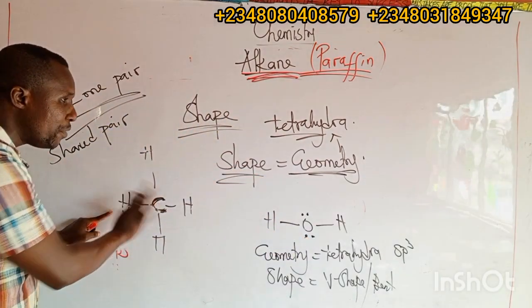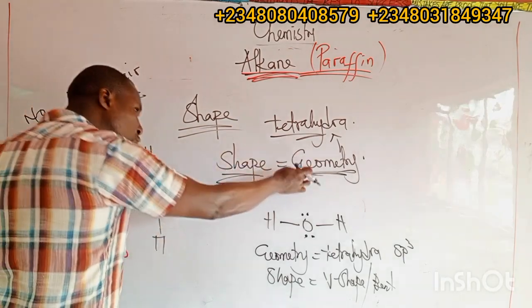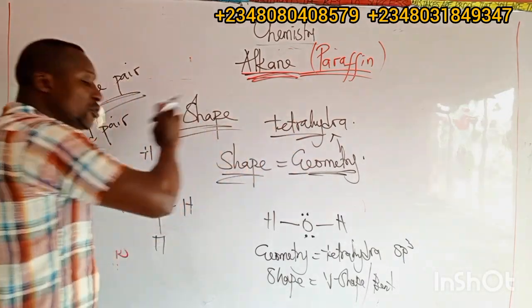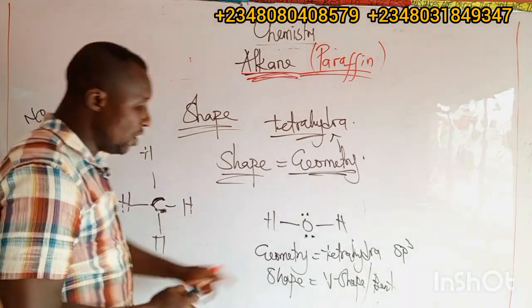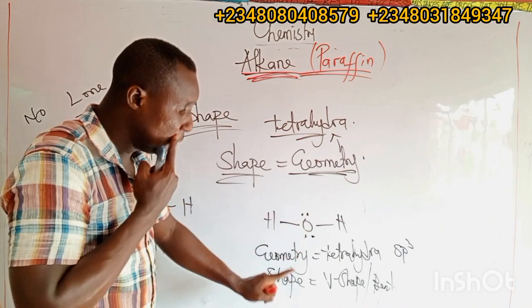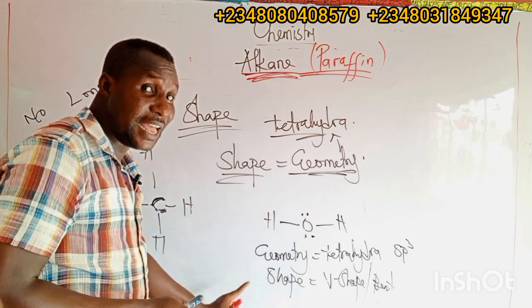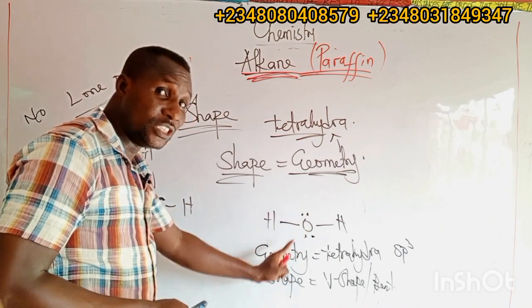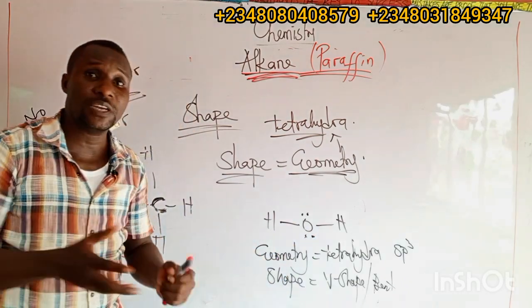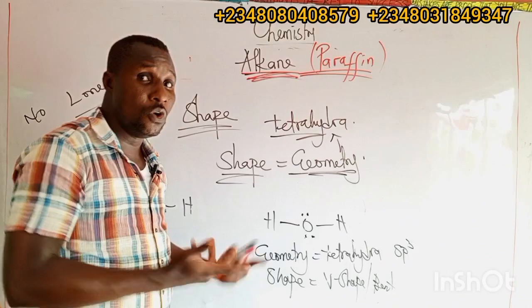It has no lone pair of electron. That's why the shape is the same thing as geometry. Geometry is tetrahedral. Therefore, shape is also tetrahedral. But in water, the central atom has lone pair of electron, so the shape is not tetrahedral, but the geometry is tetrahedral. And the hybridization of water is sp3. Hybridization as a topic, I will let you know better.